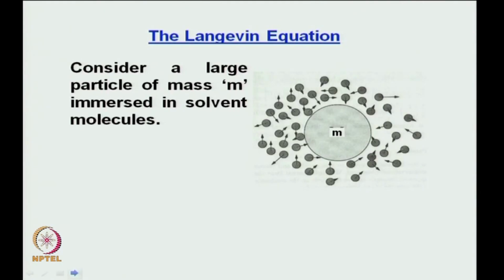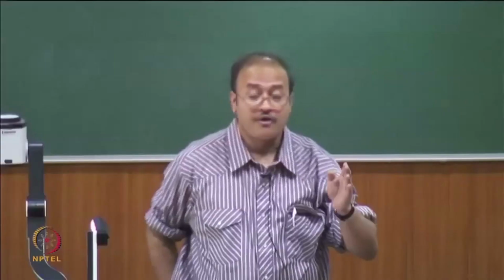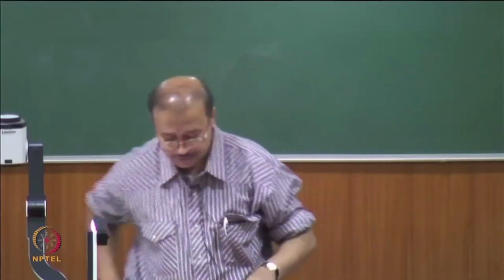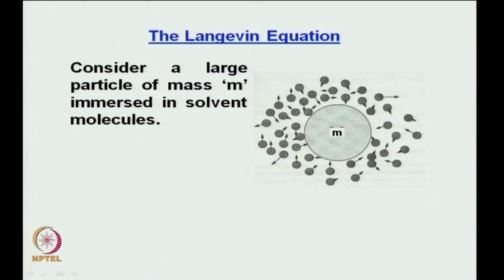Now, realize this: if you have a big mass m in a solvent of small molecules, then what will happen? The solvent molecules will always collide with it, but remember that this collision would be random in nature. You look at these arrows, there is no specific direction, and you would not expect it to be, because you have thermal energy, thermal fluctuation.